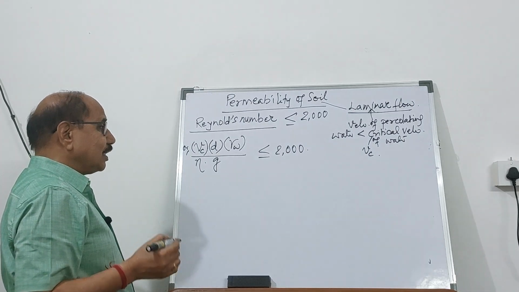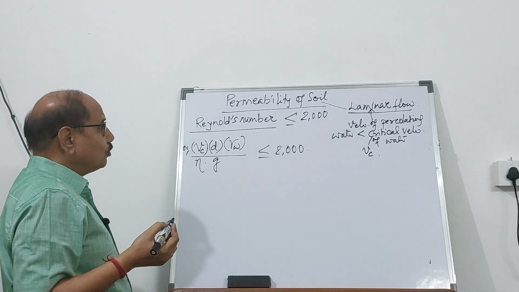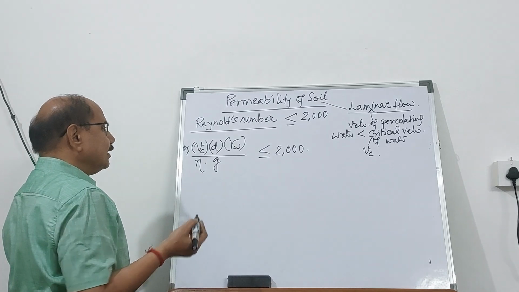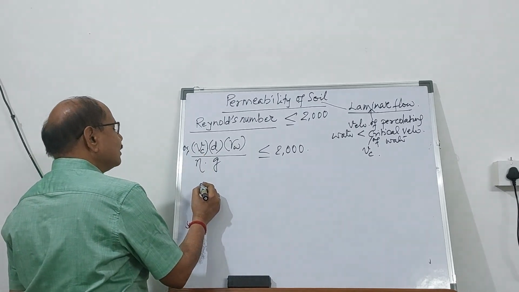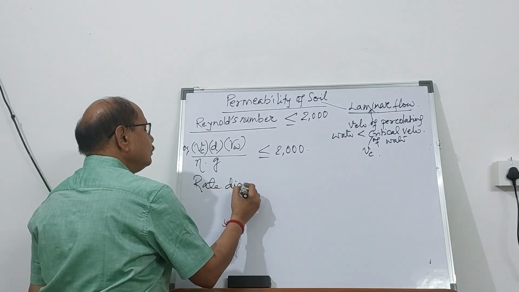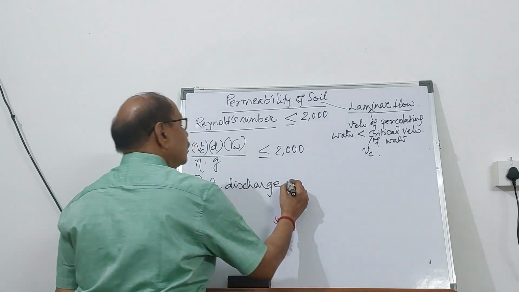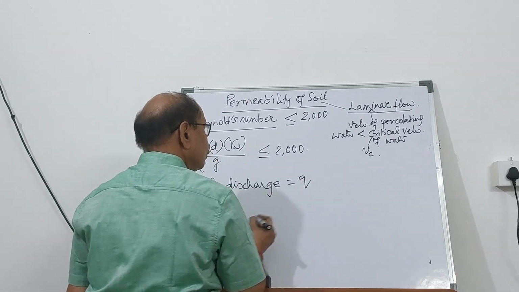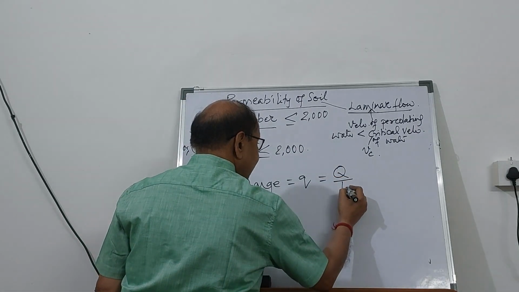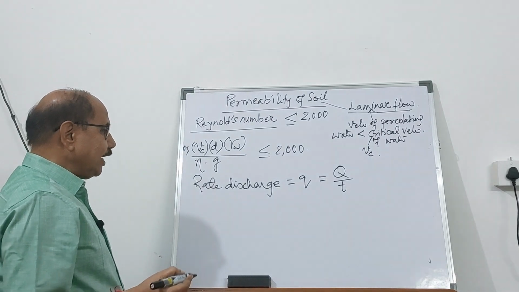So the conditions are well defined, that the flow should be laminar flow, and the discharge through the soil mass, the rate of discharge, let's say it is Q, which is equal to total discharge divided by a given interval of time.